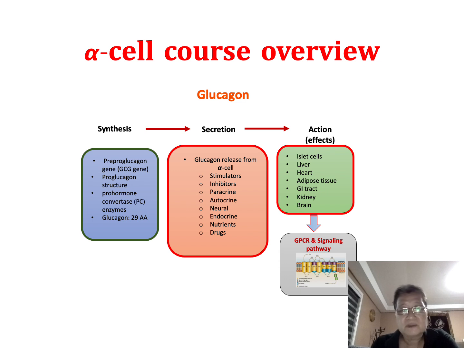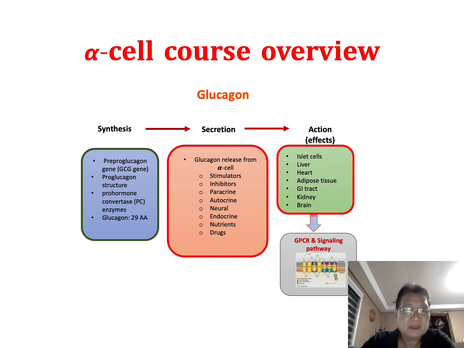Okay, so this is what I meant when I say glucagon synthesis, secretion, and glucagon signaling pathway, which is the biological actions of glucagon on individual target organs. In the synthesis, for example in the alpha cells, there is a gene called the pre-pro-glucagon gene that encodes a very large amino acid structure called pro-glucagon.